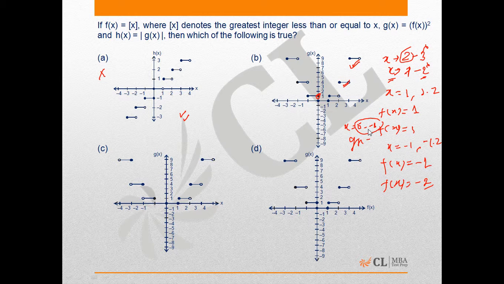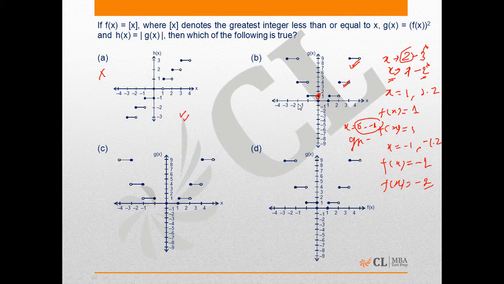When x lies between 0 and minus 1 excluding 0, f of x will always remain minus 1, and the value of g of x in that case will be plus 1. And similarly, when x lies between minus 1 and minus 2 excluding minus 1, the value of f of x will be minus 2.